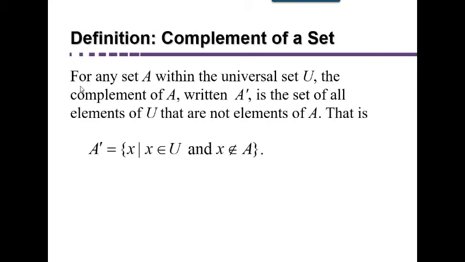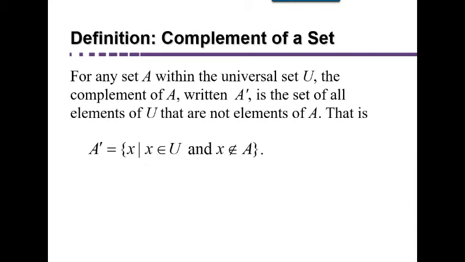Now let's define formally what it means to be the complement of a set. So this is going to use that set builder notation that we discussed last time. So let's read through it carefully. When you're reading math, you have to go through it slowly and probably read and reread it a couple of times usually before you kind of get the gist, because it's very dense, because all these symbols represent several words.